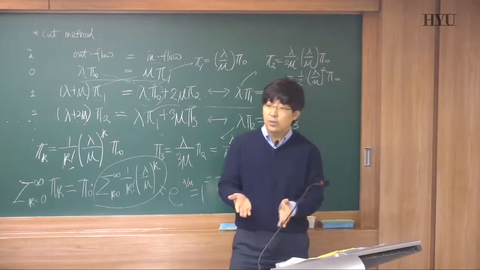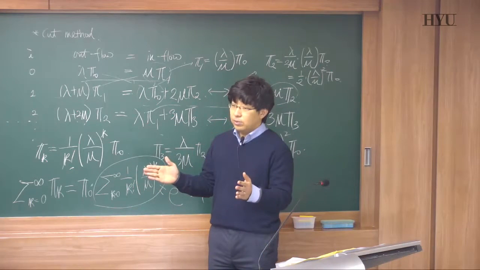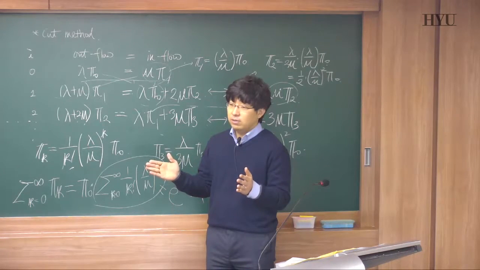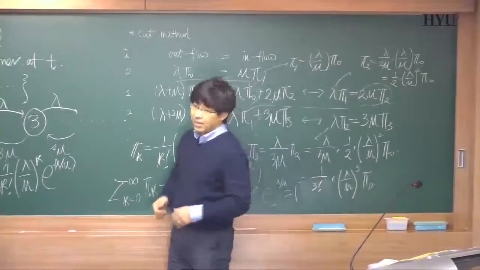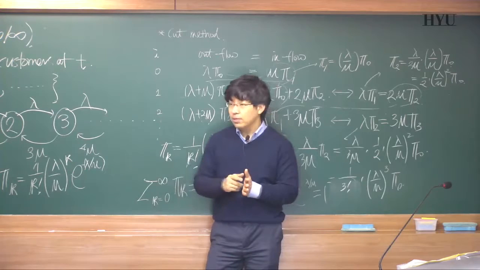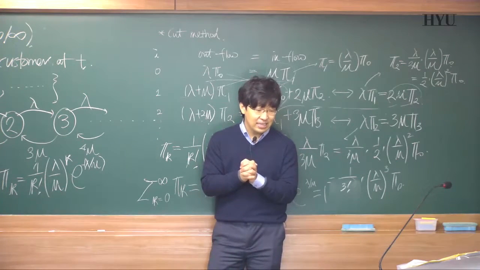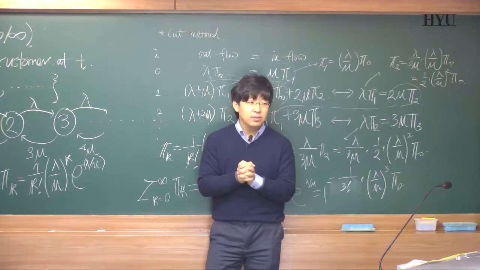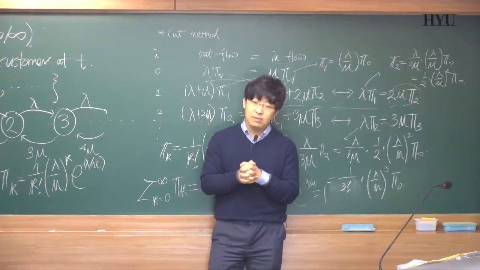So is there any comment about this distribution? So the stationary distribution can take 0 to infinity, right? We can consider a certain random variable with pi k, okay? Pi 0 to pi k. And the probability that this random variable is the same as k is 1 over k factorial times (lambda over mu) to the k's power times e to the negative lambda over mu.